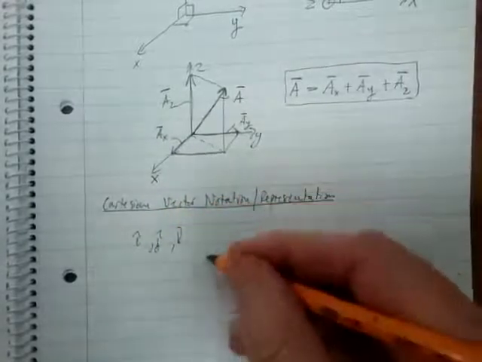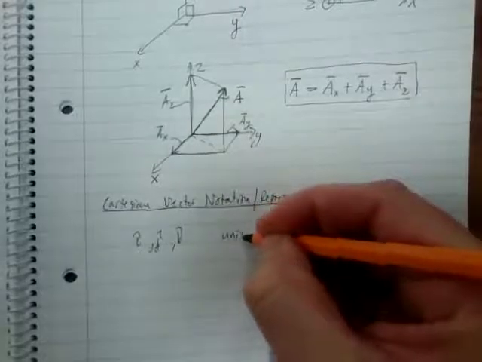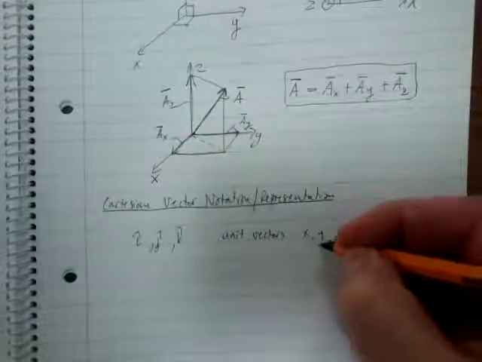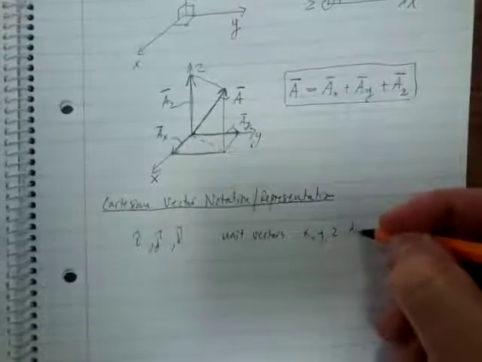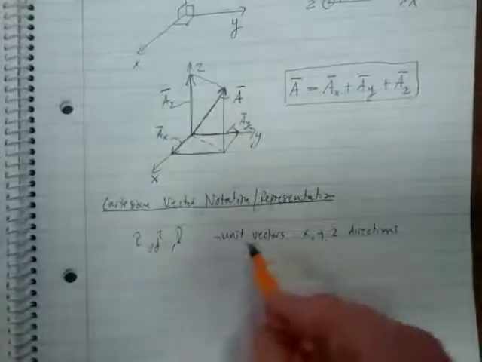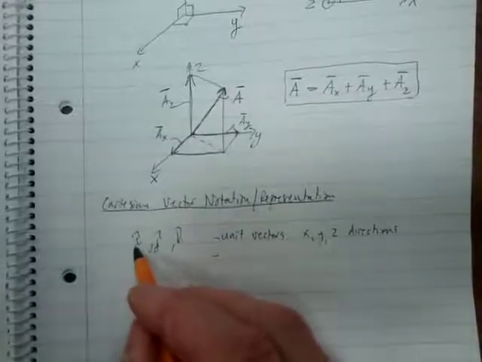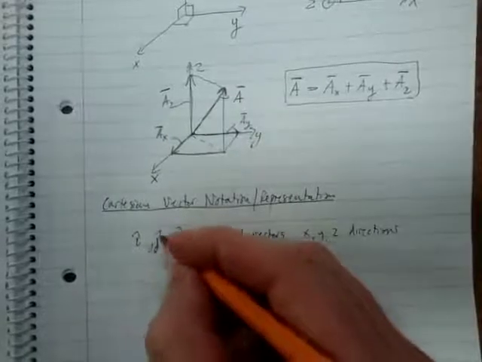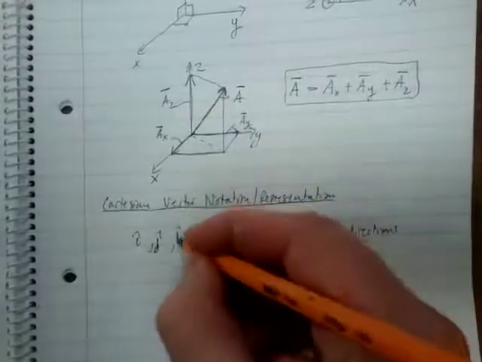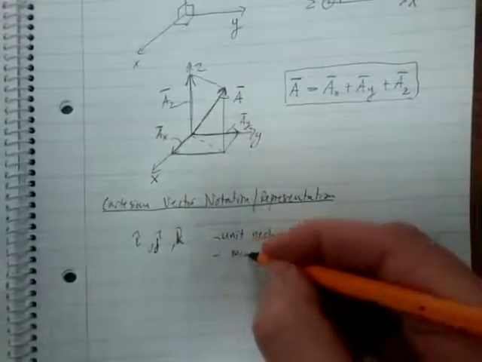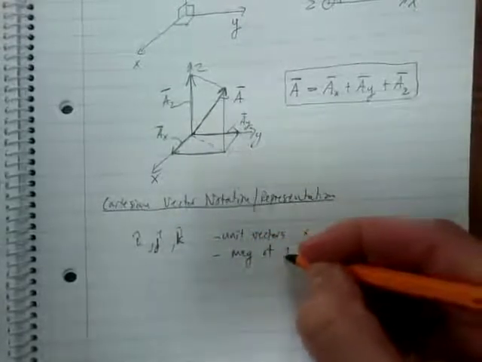Now what are these? These are unit vectors in the x, y, and z directions. They are simply vectors giving us a direction. So i is in the x direction, j is in the y direction, and k is in the z direction. They have a magnitude of 1.